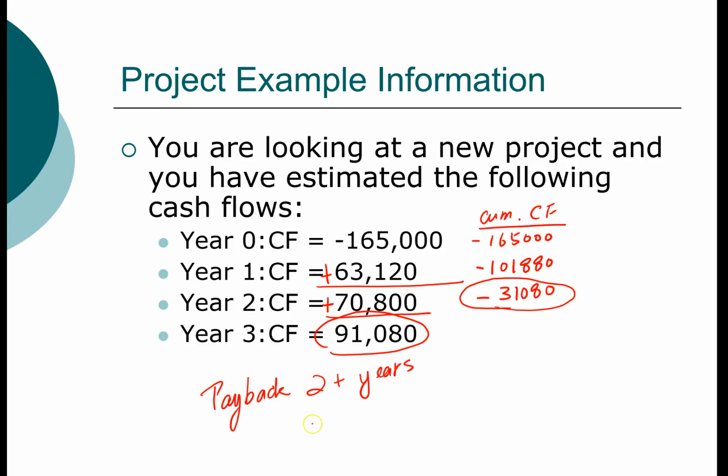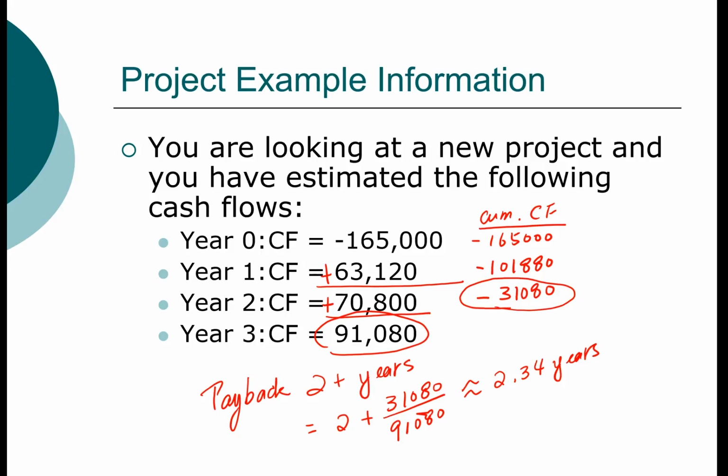So assuming that we receive our cash evenly, then we know that we are still out $31,080 and we will get back $91,080 throughout the year. Then it's going to take us about 1/3 into year three before we get our money back. So our payback period will be 2.3 years.